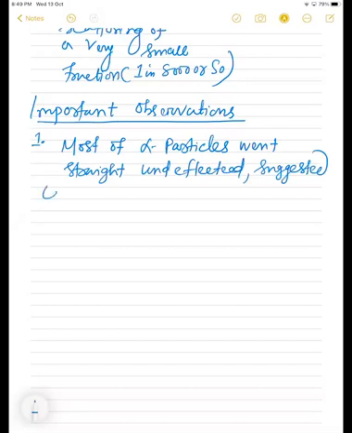That suggested large empty space in the atom.